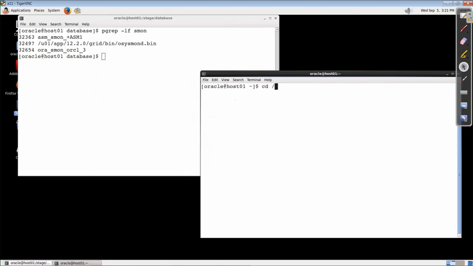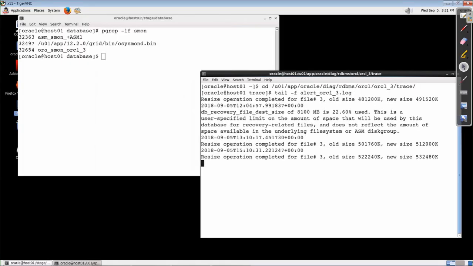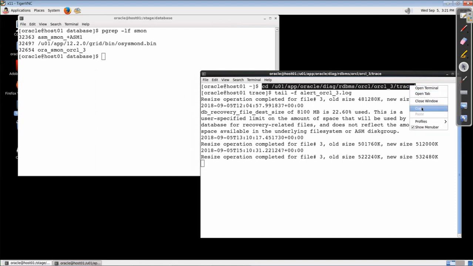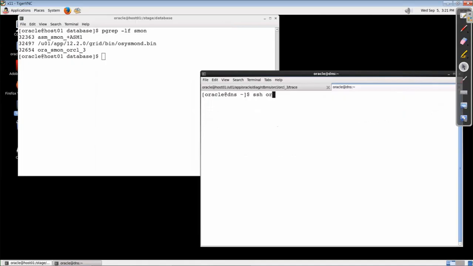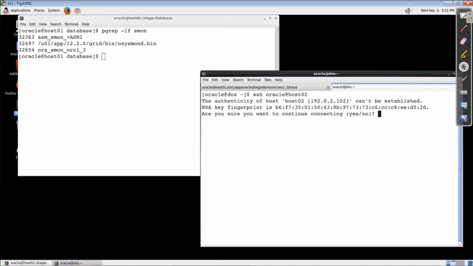Okay. So cd /u01/app/oracle/product/12. Actually, not this location. diag/rdbms/orcl/ORCL3/trace, tail -f alert. So that is my alert location. I'm going to check the same thing on the second and third servers. Host 02.